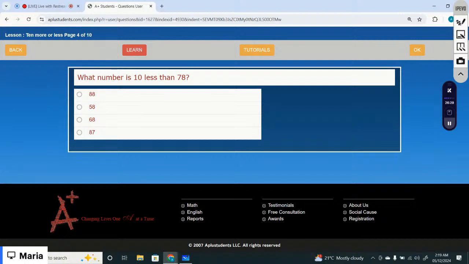So 78 minus 10 is 68. Option number 3 is the correct option.